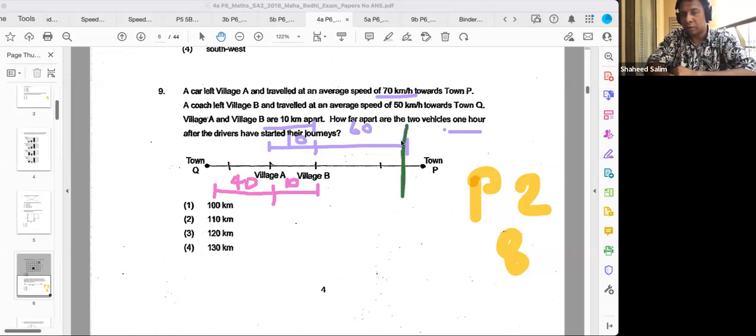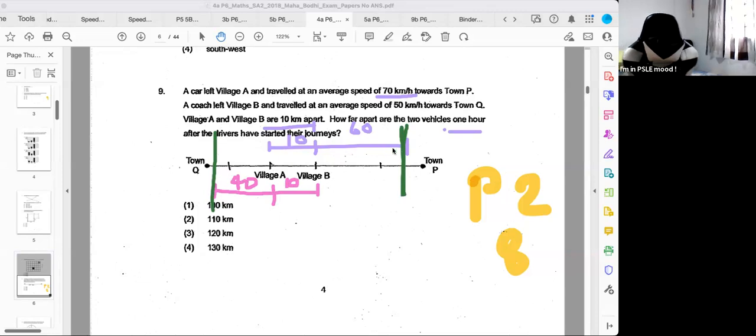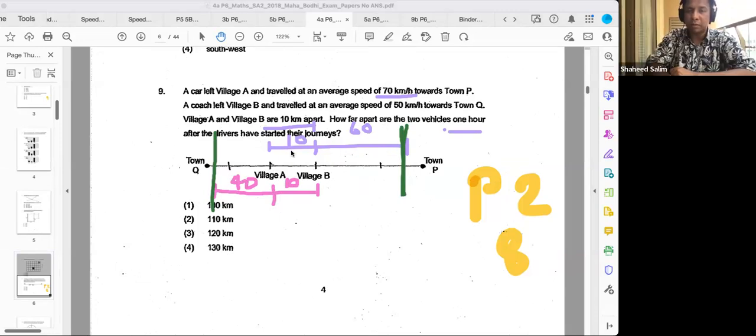Down here is where the car will be, and this is where the coach will be. So now let's add, this is 60 plus 10 plus 40, right? So 60 plus 10, 70 plus 40, 110.